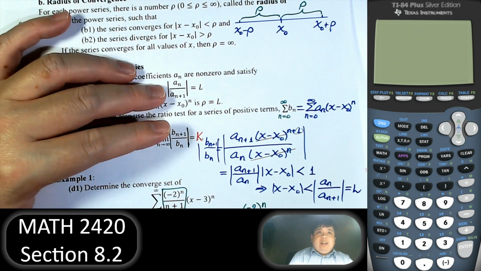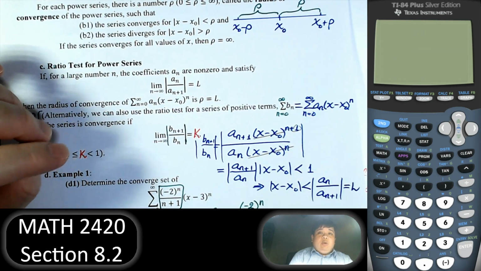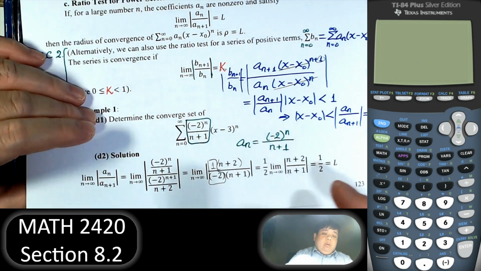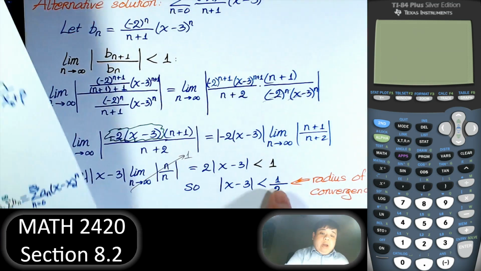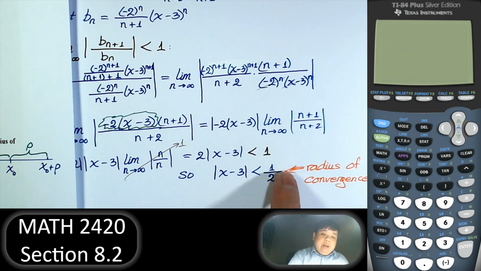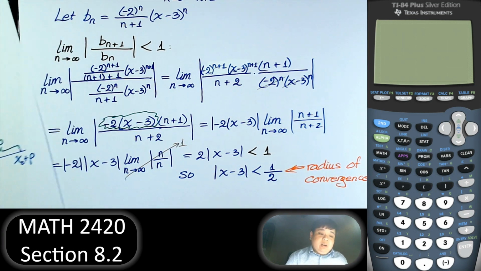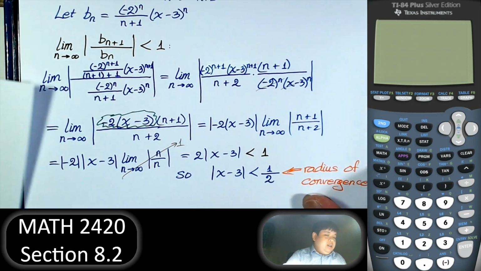The advantage of writing a sub n over a sub n plus 1 is that it gives us the radius of convergence right away. When we write like this, embedded in it, we will have x minus the center, and therefore we can say 1/2 is the radius of convergence in this case. So either way, it should be the same thing.